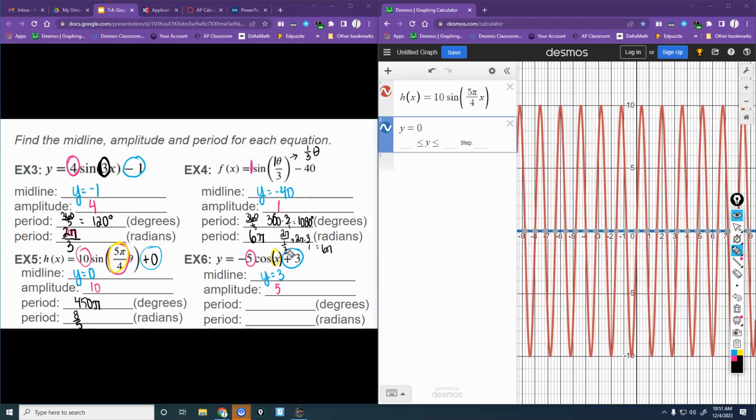And so we just have a 1 right there. So you don't even have to write this down. You're doing 2 pi divided by 1, which is just 2 pi, right? And then for degrees, you'd be doing 360 divided by 1, which is just 360.